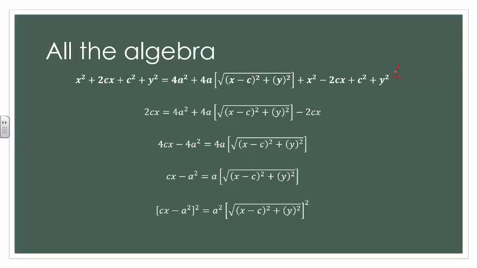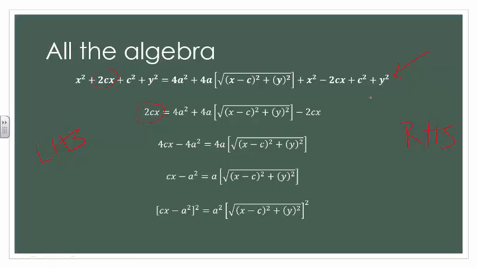Starting with what we left off with on the last slide in bold at the top, some more algebraic manipulation. You'll notice we have a 2cx here, and that's all we've left on our left-hand side. So we've left the 2cx, and we have subtracted x squared, c squared, and y squared from the left.